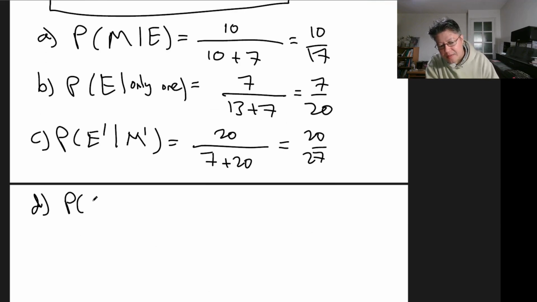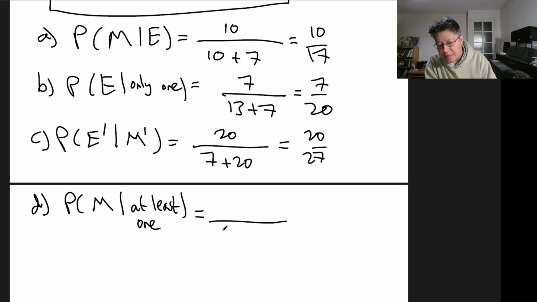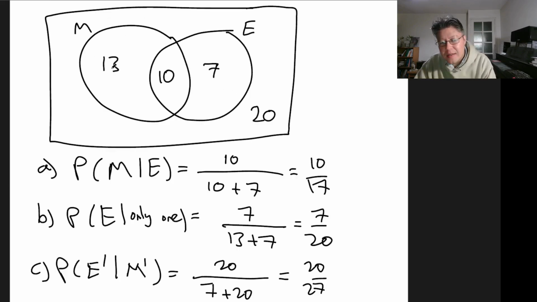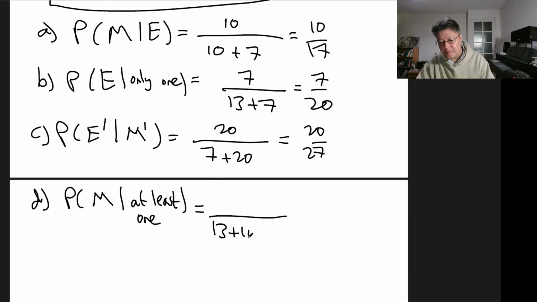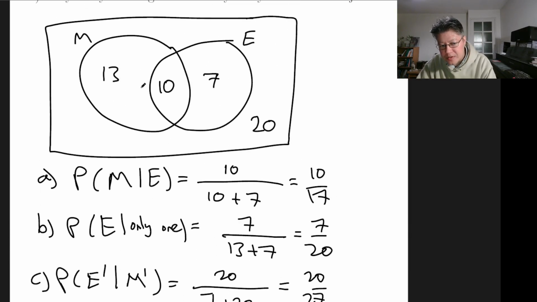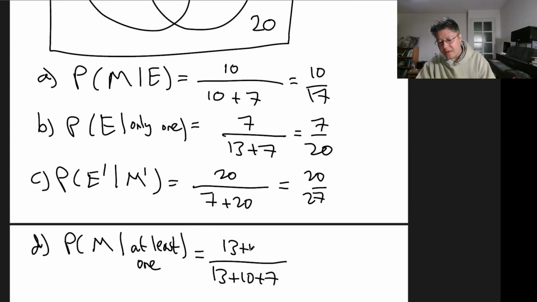So the probability that they study maths given that they study at least one subject, so at least one, equals, and we always do the given them bit first, so at least one, that's all three of these numbers, 13, 10 and 7, and out of those three we need to select the ones that are in maths, and that's the 13 and the 10. So the 13 and the 10 go on top. And then we simplify this, that's 23 over 30.